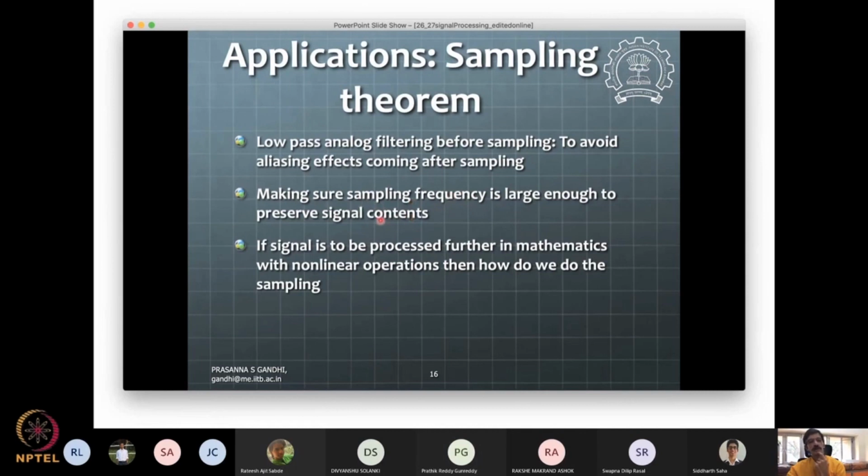This high, large sampling frequency will preserve those frequency contents, and then the signal is further processed. So you can have multiple kinds of operations possible beyond this point.